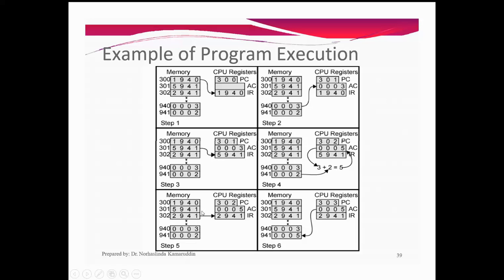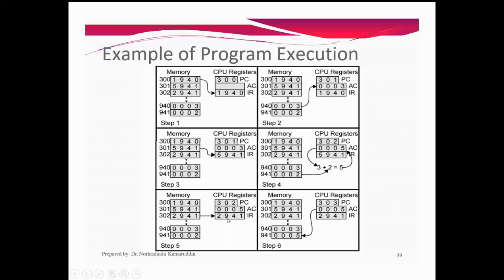So the next instruction is at 302. It goes to address 302, where we have the content of another instruction, which is 2941. This 2941 instruction goes into the instruction register, where it is decoded. Here there is an opcode and also an address. The opcode 2 is store. Store means you save data into the memory.